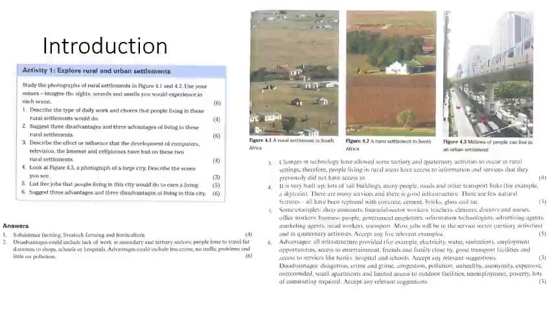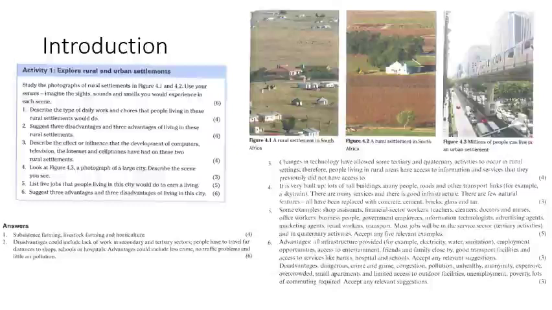Your disadvantages could include a lack of work in the secondary and tertiary sectors, and people having to travel far distances to shops, schools, or hospitals. Your advantages could include less crime, no traffic problems, and little air pollution.